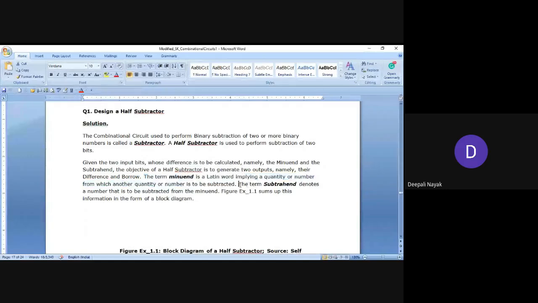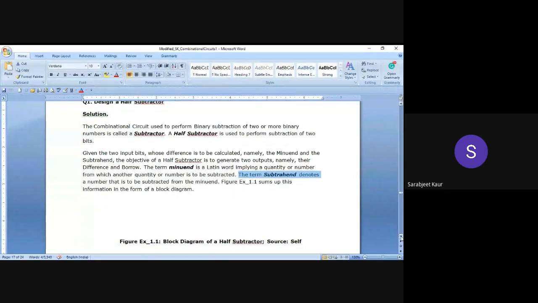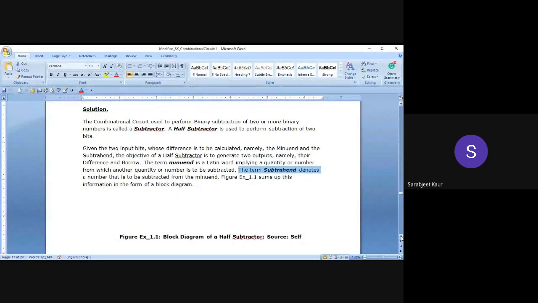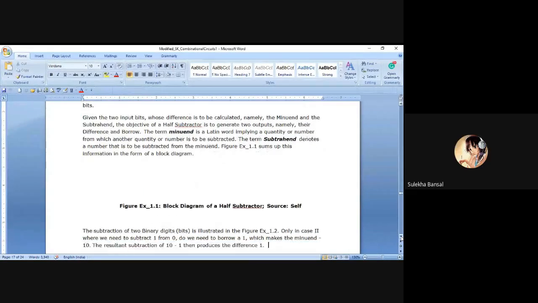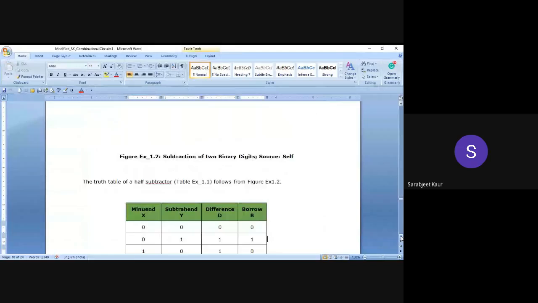So if I'm doing x minus y, it means that x is called the minuend and y is called the subtrahend. So we are going to be dealing with a subtractor which does x minus y, where x and y both are Boolean variables. Is this clear? Yes, ma'am.